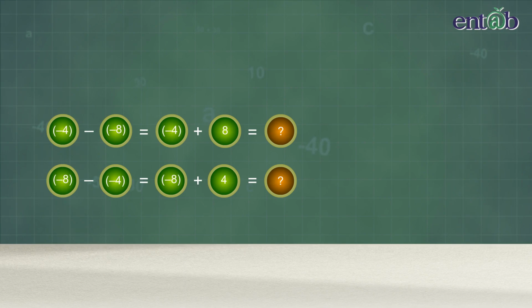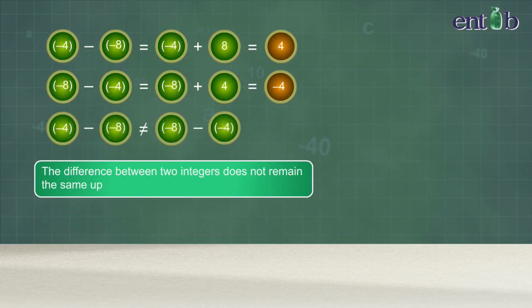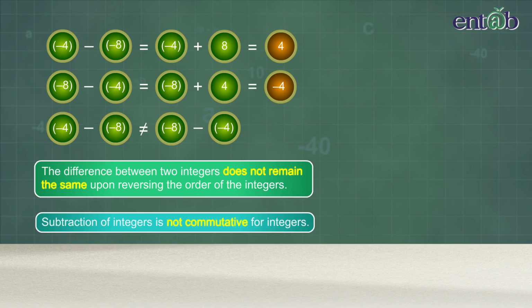Hence, the two differences thus obtained are 4 and minus 4. We see that the difference between two integers does not remain the same upon reversing the order of the integers. Hence, we conclude that subtraction is not commutative for integers.